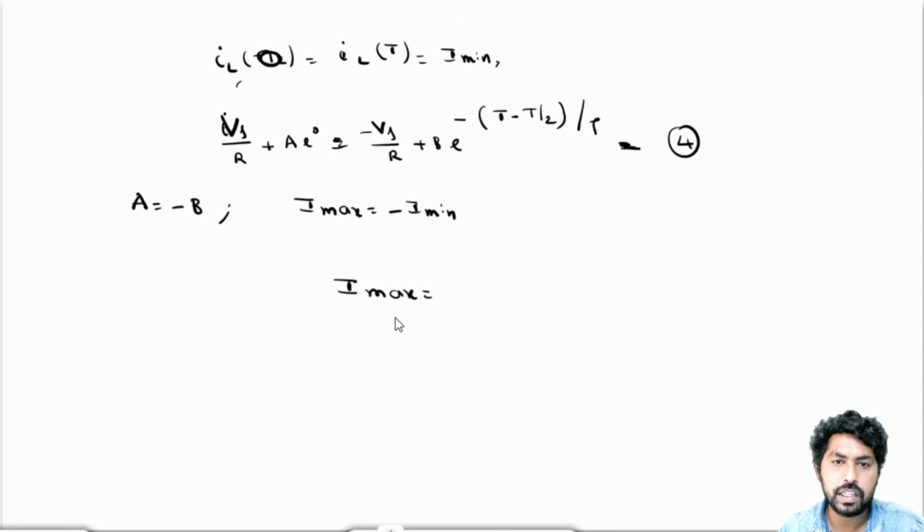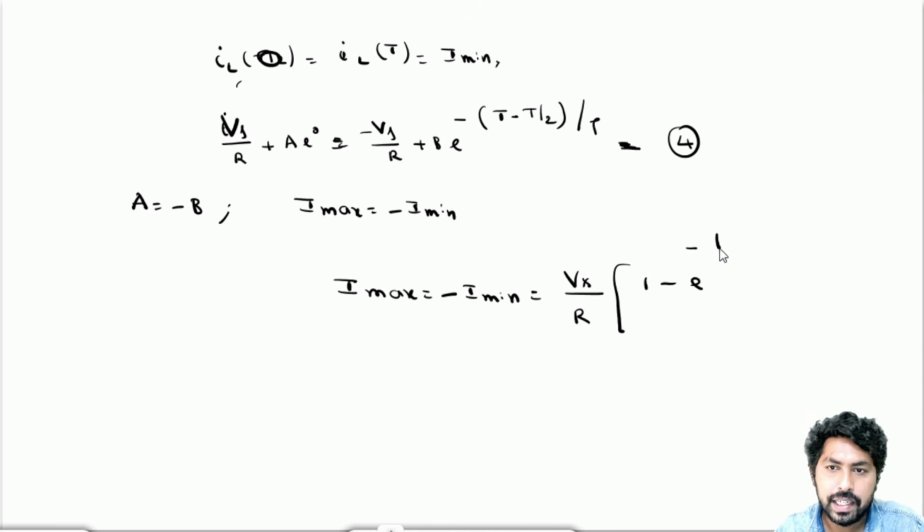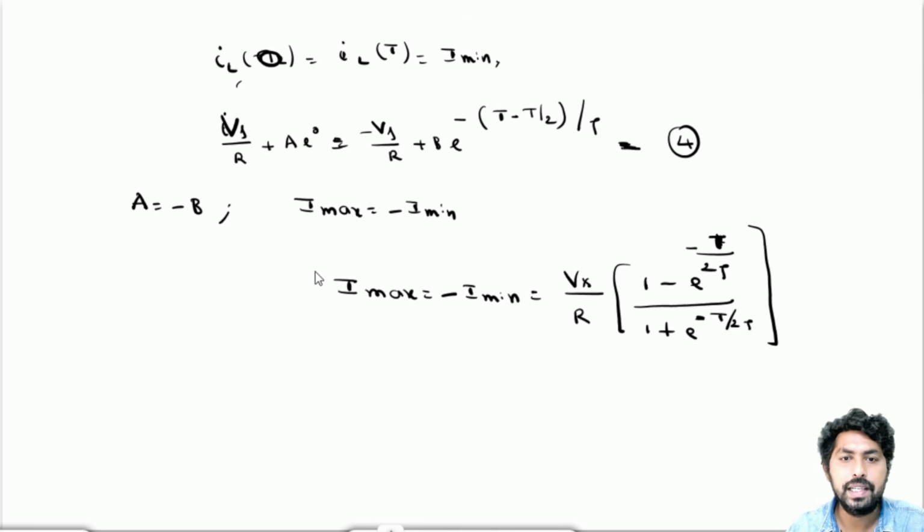Just remember this expression: I max equal to minus I minimum equal to Vs by R into 1 minus e power minus T by 2 tau divided by 1 plus e power minus T by 2 tau. So this is the expression for the I max. We'll get the I max for the full bridge inverter like this.